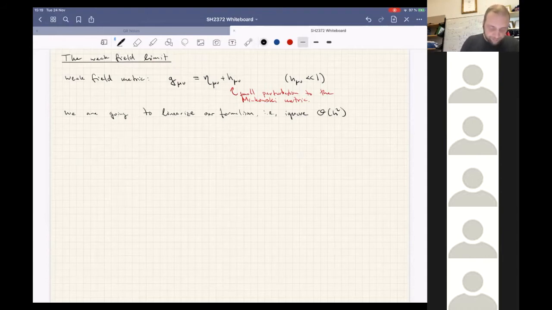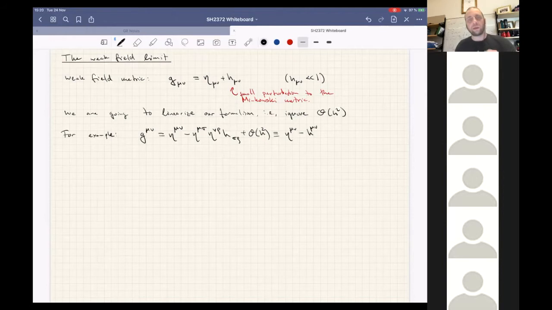So just as an example, if we want to consider the inverse metric, g upstairs mu nu, that's going to be equal to the inverse Minkowski metric minus eta mu sigma eta nu rho h sigma rho plus higher order terms in h, so order h squared, and we define this to be eta mu nu minus h mu nu with the indices upstairs plus these higher order terms.